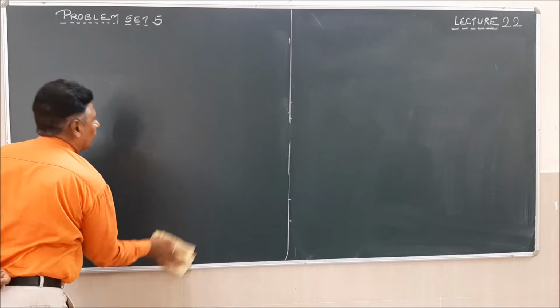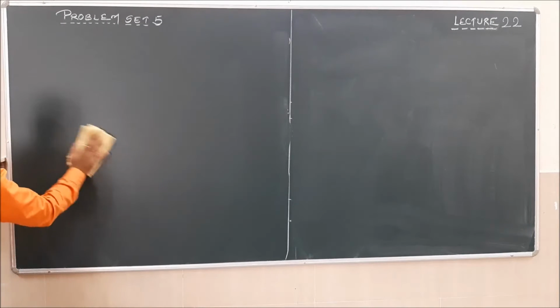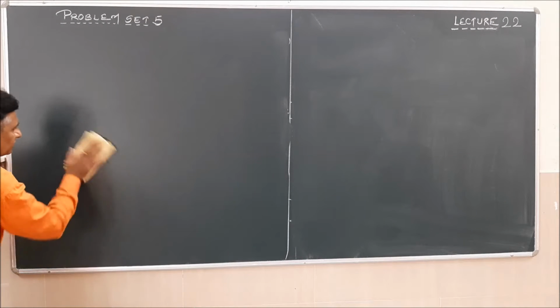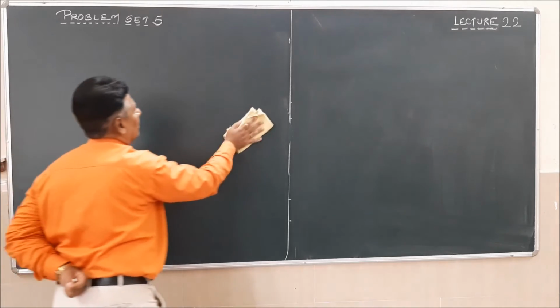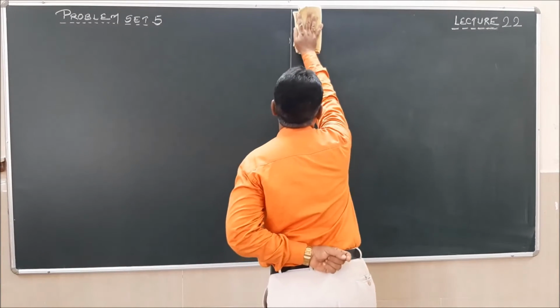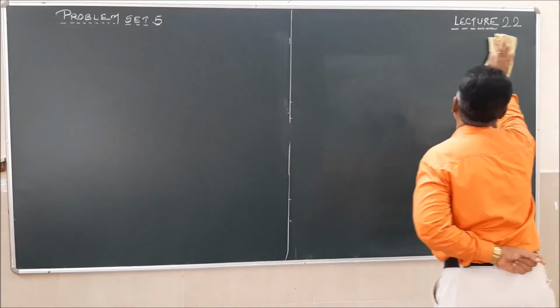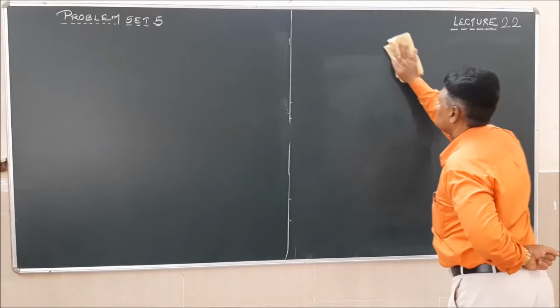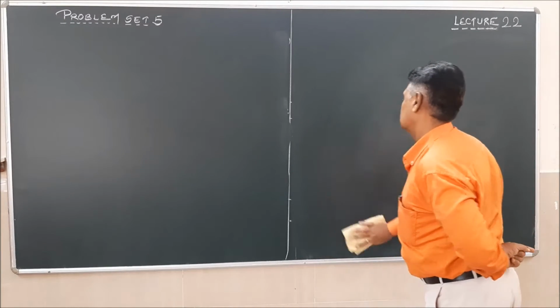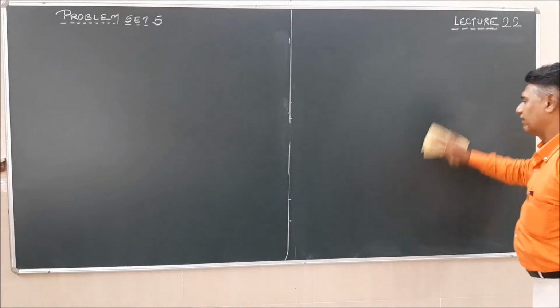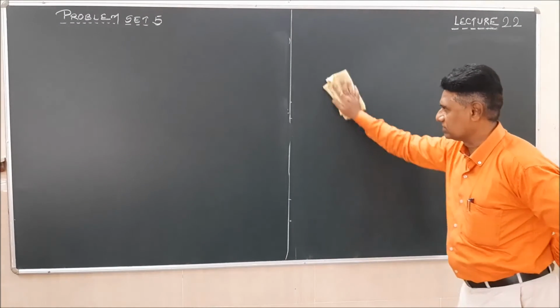So, our first job will be, by midpoint formula, we will find out the midpoint of the base, and after that, we will be able to find out the length of the medians. Length of the medians we will find out by using the distance formula.